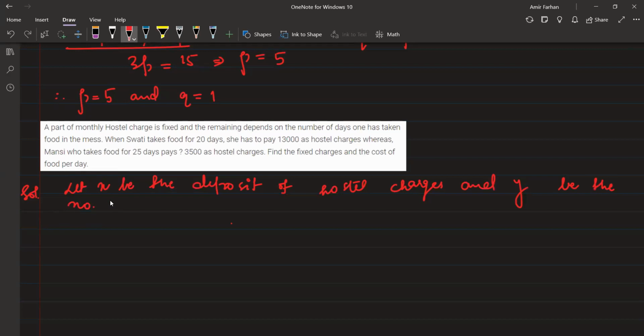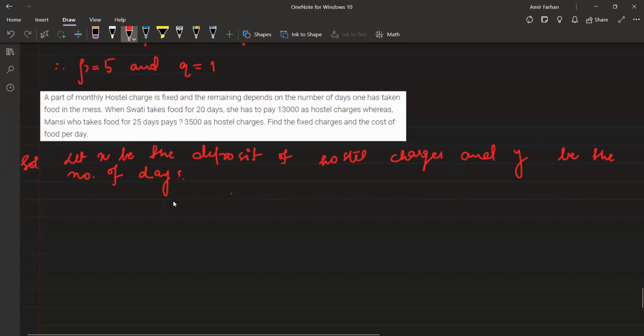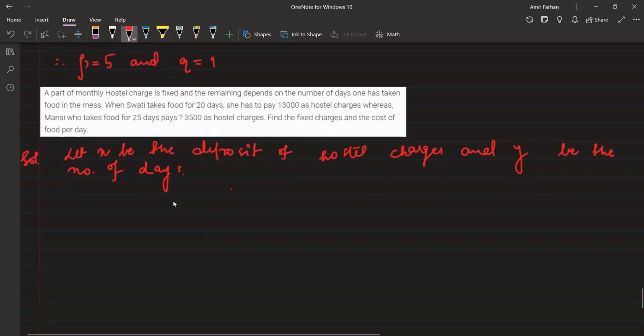Because it depends on whether you have taken x as number of days and y as hostel charges. So now tell me, part of the monthly fixed charge is remaining, and part depends on the number of days food is taken. When Swati takes food for 20 days, she has to pay 13,000 as hostel charges, whereas Mansi takes 20. Find the fixed charge and the cost of food per day.